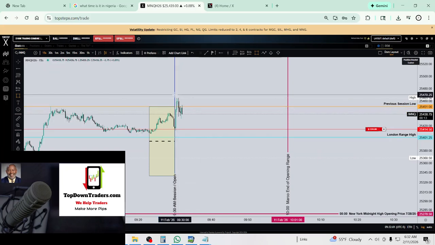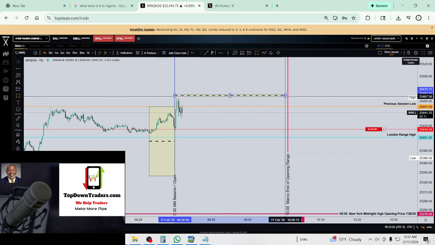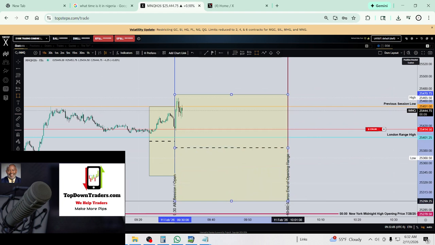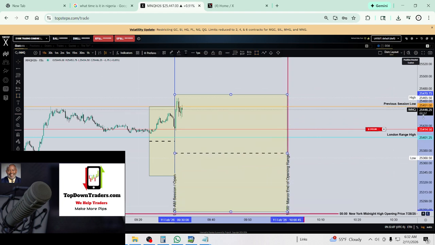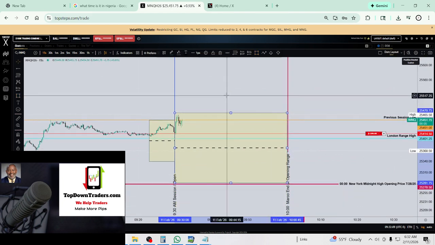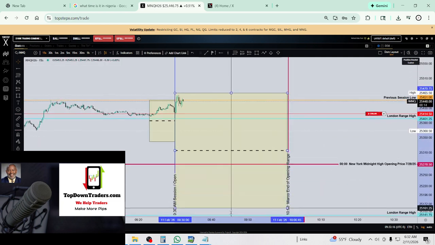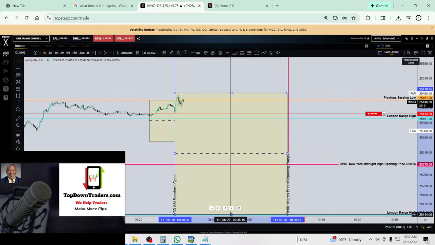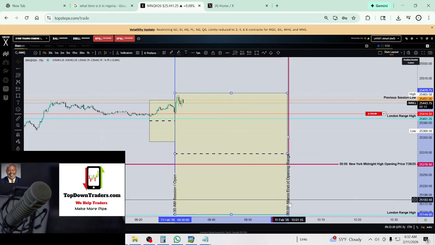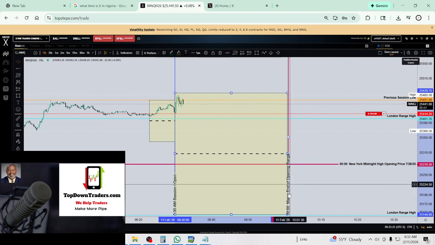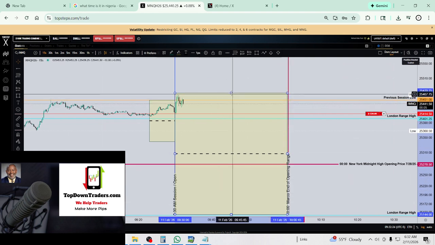I'm going to also do something here, highlighting this area because it's the opening range at the beginning of the session. And at 10 a.m., there's going to not only be a macro, but that's going to end the opening range.